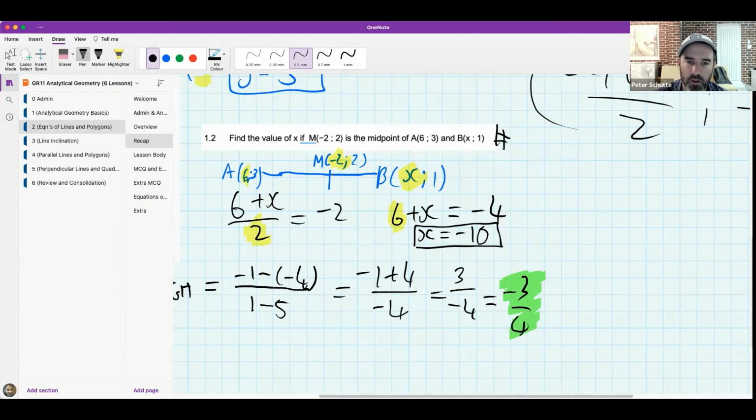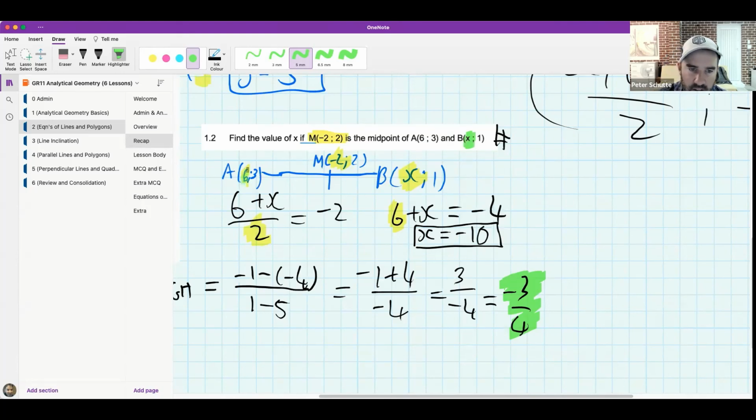Okay. So first of all, you have to notice that M is the midpoint. So what I did was I actually did a little drawing, right? Can you see how I have A on the one side and B on the other side, and then M is in the middle? And you'll notice I highlight the X coordinate, because the thing I'm after is an X coordinate.